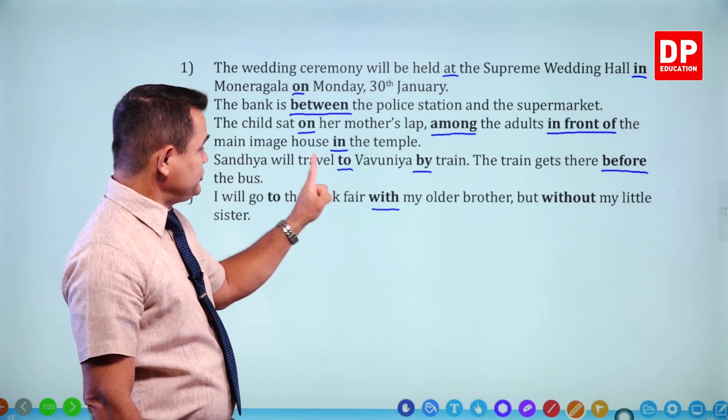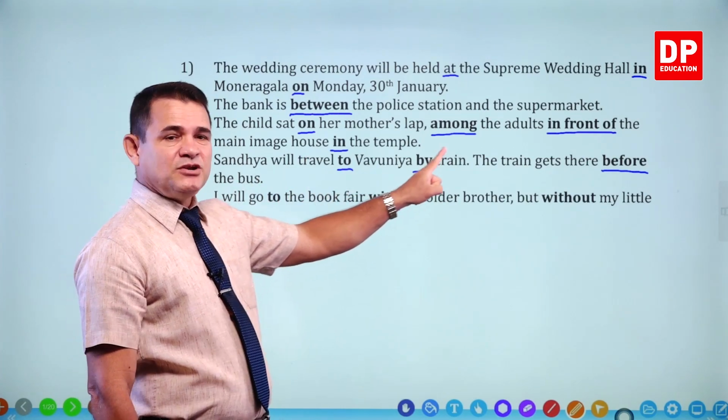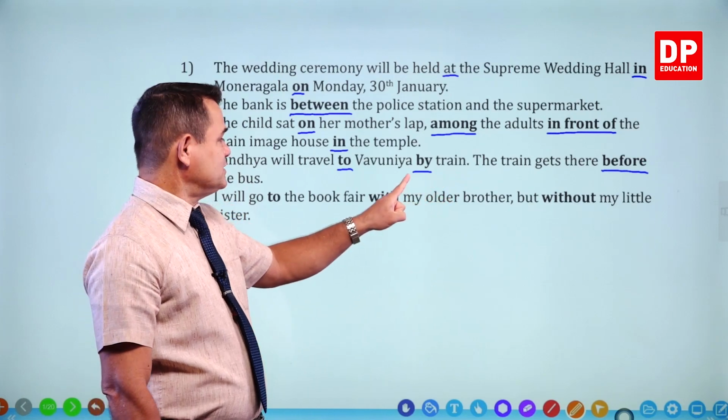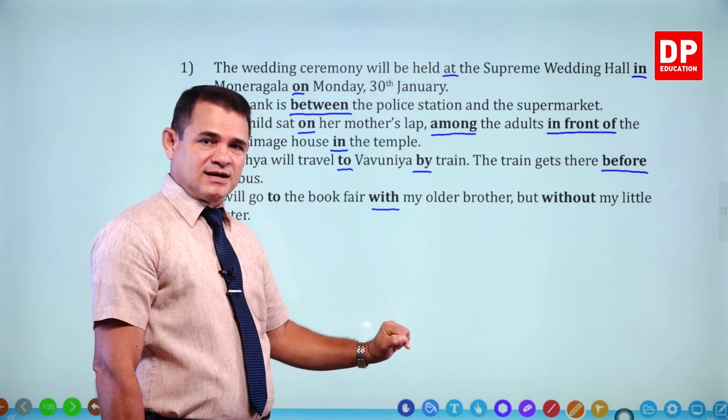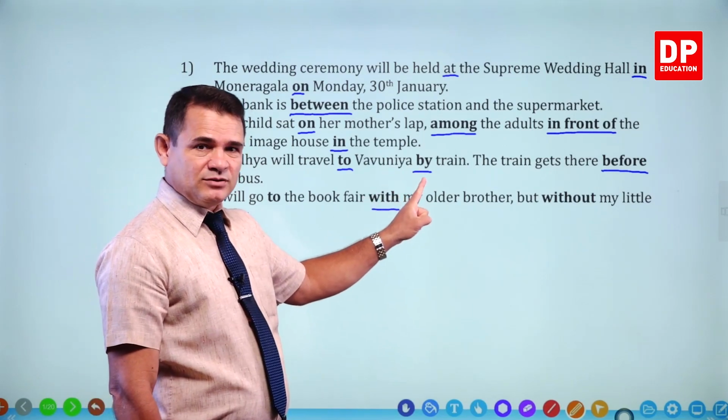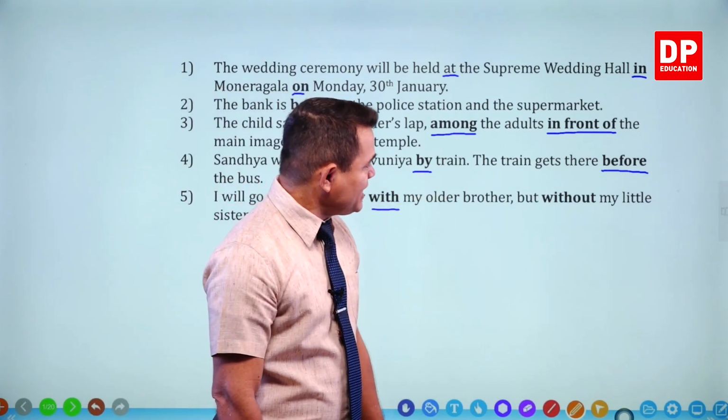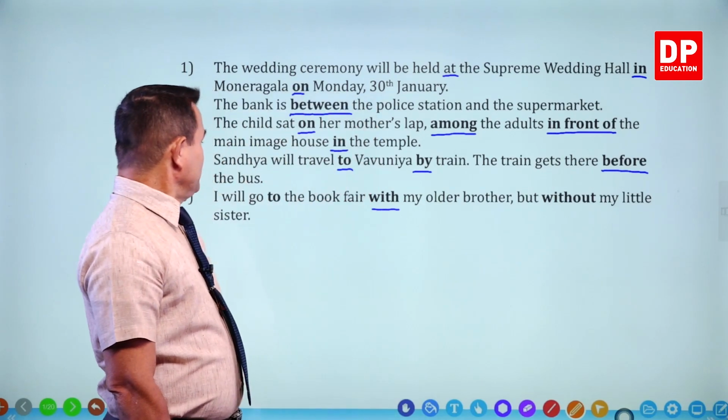Sandhya will travel to Vavuniya by train. So we learned different uses of by as well. By train. The train gets there before the bus.